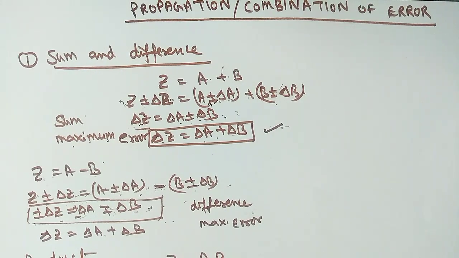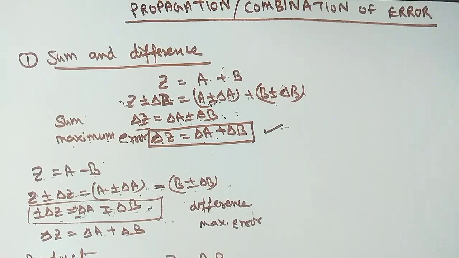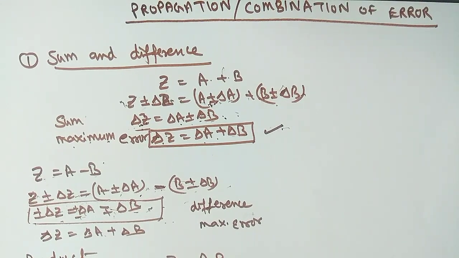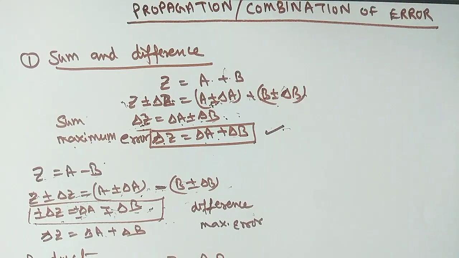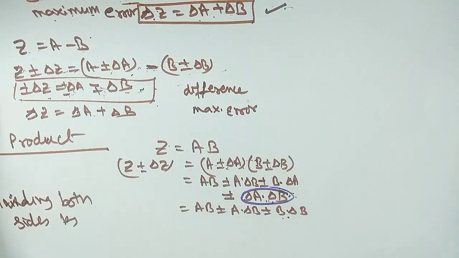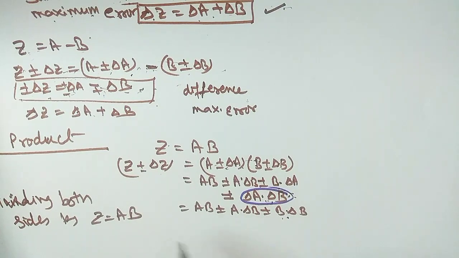Now, to get an easy expression, dividing both sides by Z, which is equal to AB.